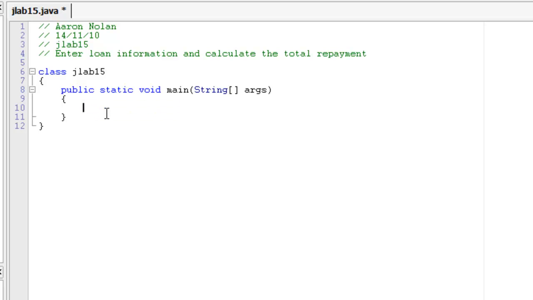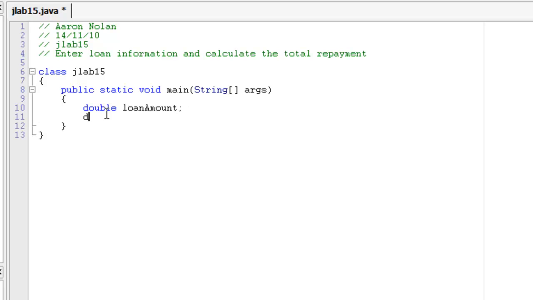So again, thinking logically, what do we know we need? And by the way, since this is to do with money, we need the data types to be doubles. So what variables do we know we need to have? First of all is the loan amount, so double loanAmount.